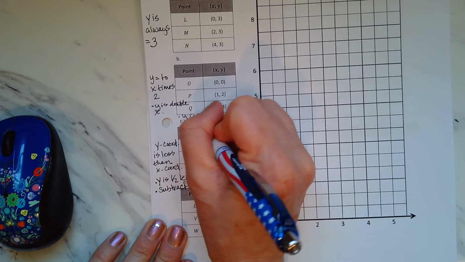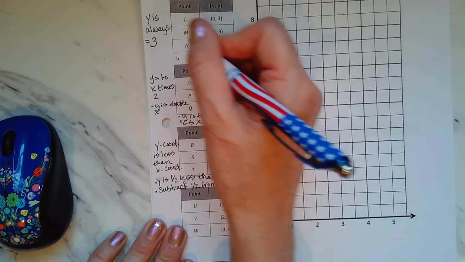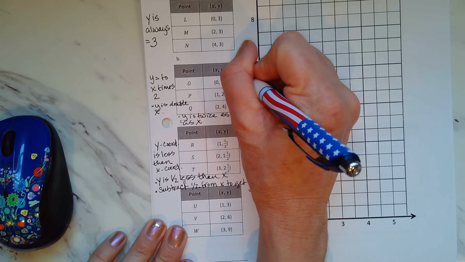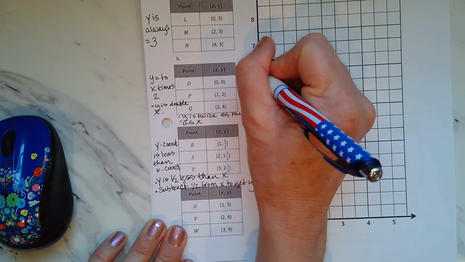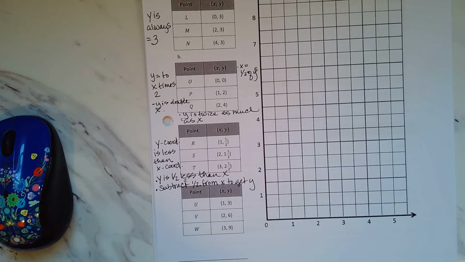X is half of y. Another one you could put. X is half of y. All right. Now, our final one.